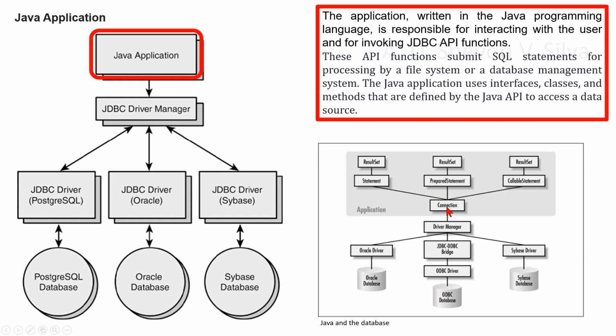A Connection object's database is able to provide information describing its tables, its supported SQL grammar, its stored procedures, the capabilities of this connection, and so on. This information is obtained with the getMetaData method.